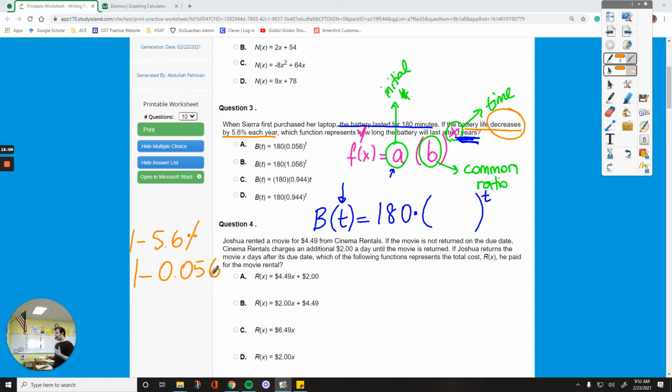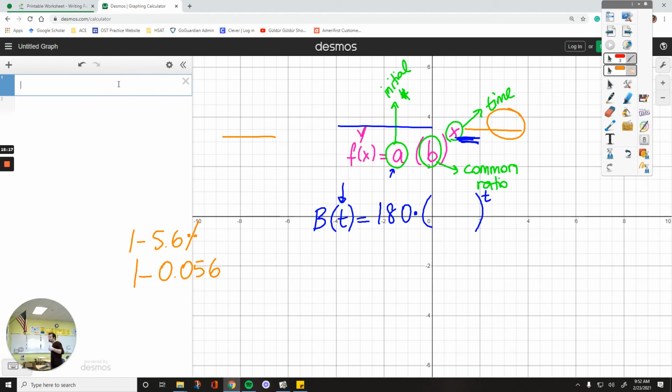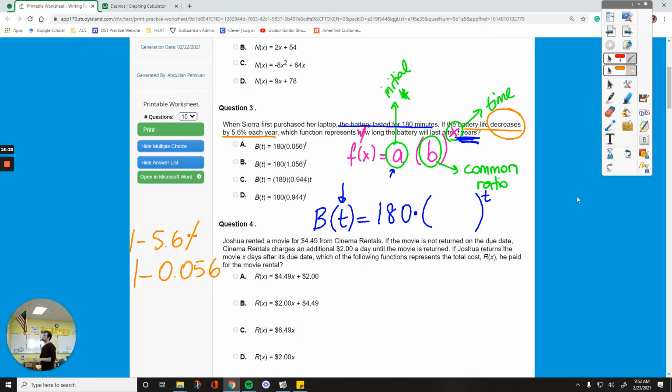If you don't know how to convert percentages into decimals off the top of your head, what you can do is use a calculator. Divide the given number, the percent, by 100. You can use any calculator actually. 1 minus 5.6 divided by 100. That's going to show you the decimal you need. Just divide it by 100 using a regular calculator. So 0.944 is what I need.